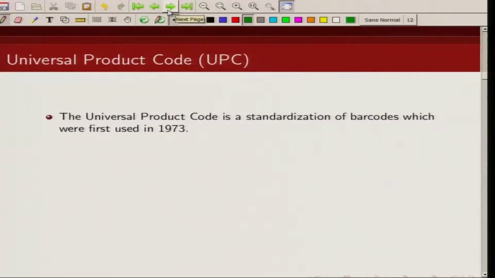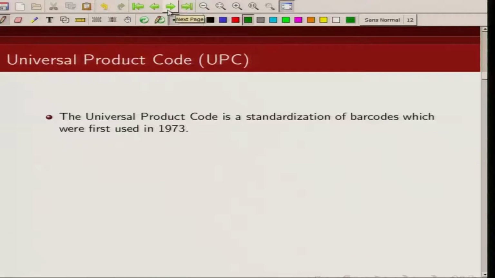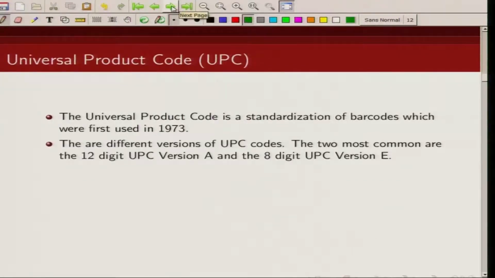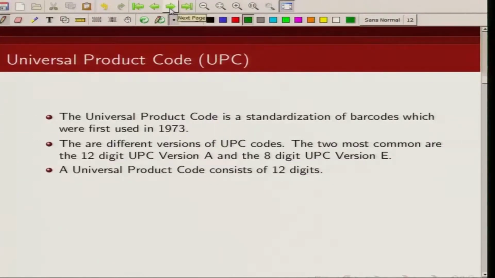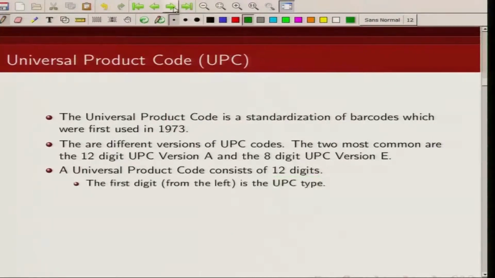Now, the next application that we are going to talk about is the Universal Product Code. This was basically a standardization of all barcodes, which was first used in 1973. There are two versions of it. One is the 12-digit UPC version A, and the other one is the 8-digit UPC version E. A 12-digit UPC consists of 12 digits.